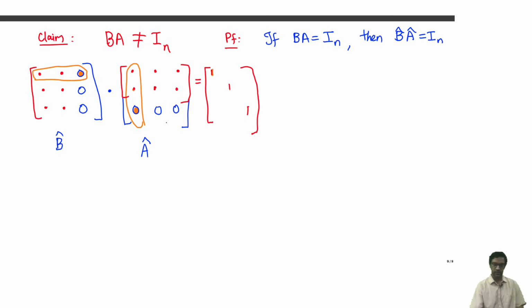Similarly, look at the next entry. The first row of B is multiplied by the entries of the second column of A hat, and the only additional term I'm introducing is this 0 times this 0, and that's again no contribution. So it's only the original red into red plus red into red that matters.